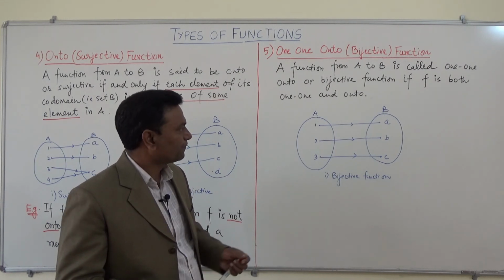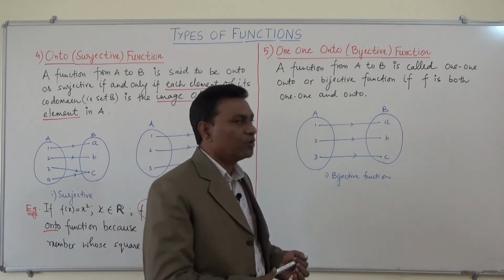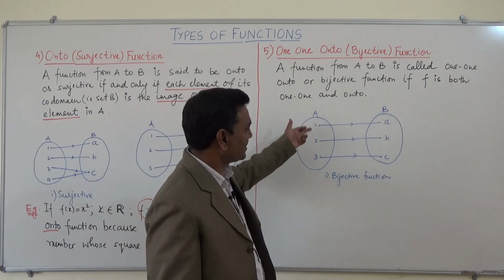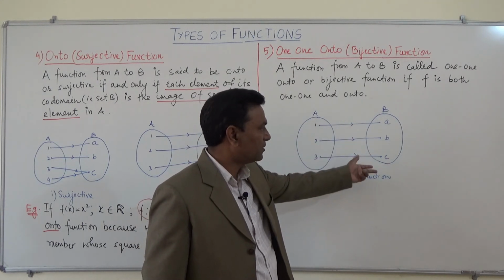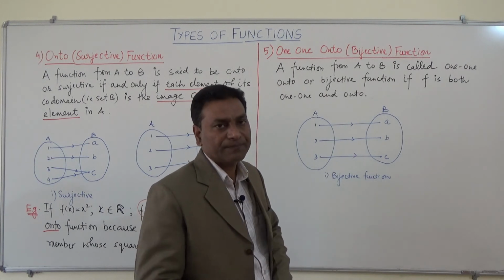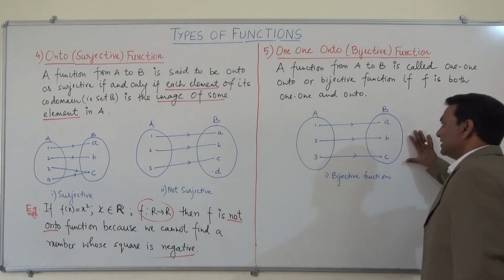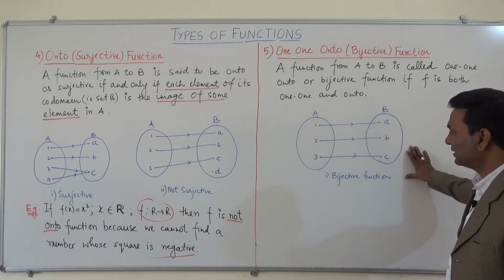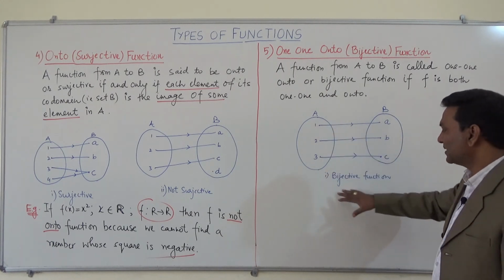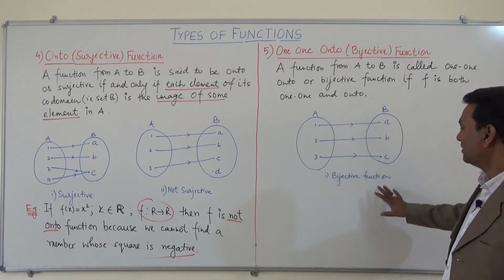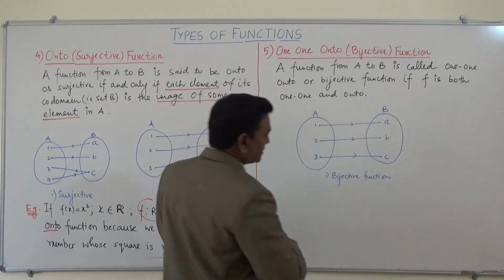This is injective as well as surjective, because distinct elements of A have distinct images in set B, and on the other hand each element of set B is the image of some element in A. That's why this is an example of a bijective function.